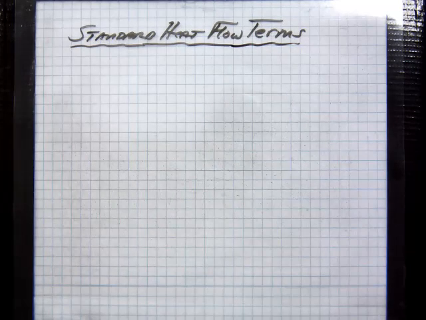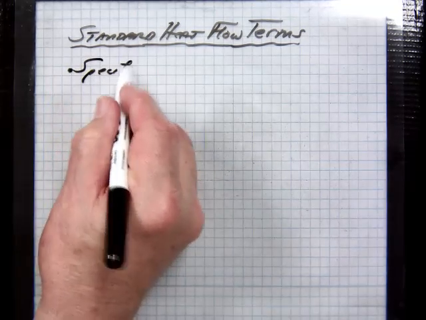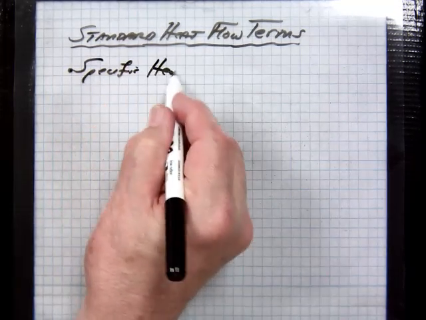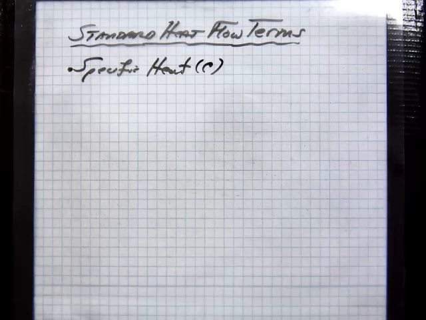And some of you have heard of these before. One of them is specific heat. And it's given the symbol c. That is, the specific heat of water is 1.000 calories per gram degree Celsius.